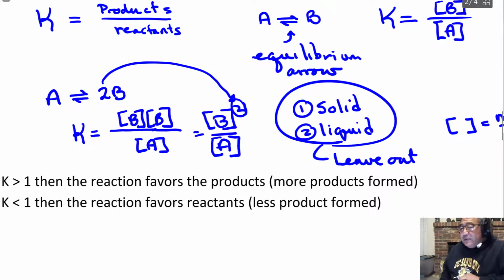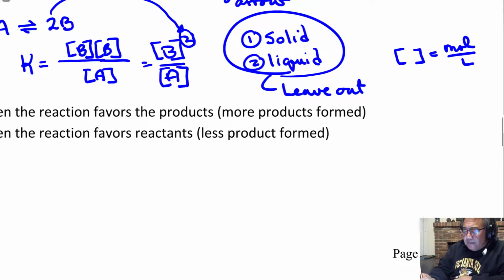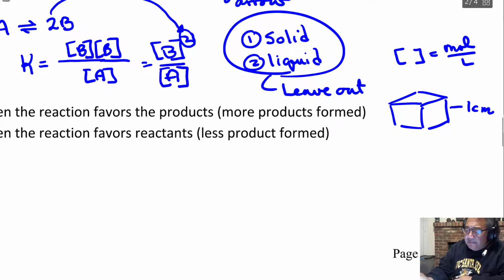Because it turns out pure solids and liquids, their concentrations don't change as you use them. Now, it sounds like that isn't right, but think about it. We'll do concentration in grams. Here's a cube of water, and let's say it's 1 centimeter on a side. So this is a 1 centimeter cube, so it's a milliliter cube, right? This would have a mass of 1 gram because the density of water is 1 gram per milliliter.